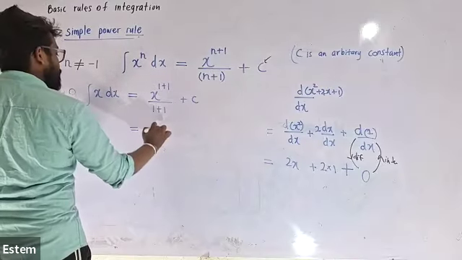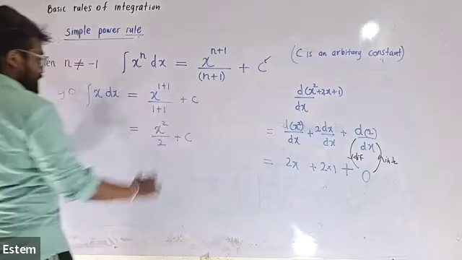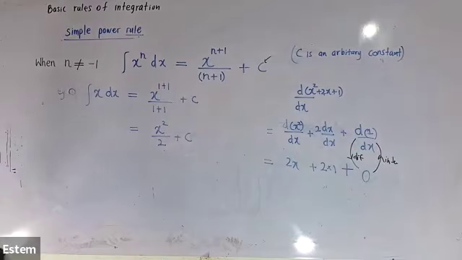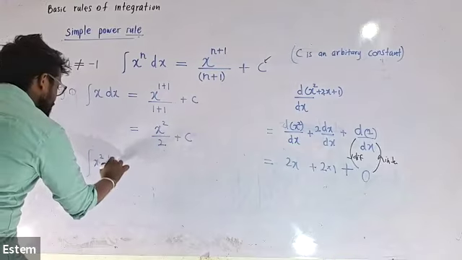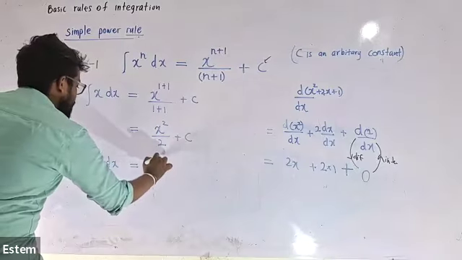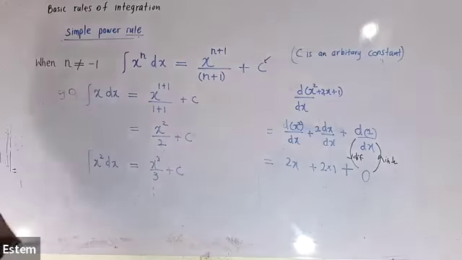So the answer is x squared over 2 plus c. How do we integrate x squared? The integration of x squared is x cube over 3 plus c. That is the way we integrate these things.